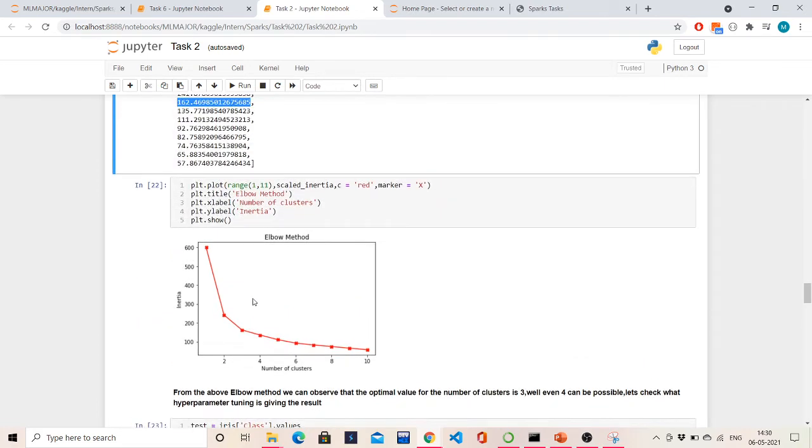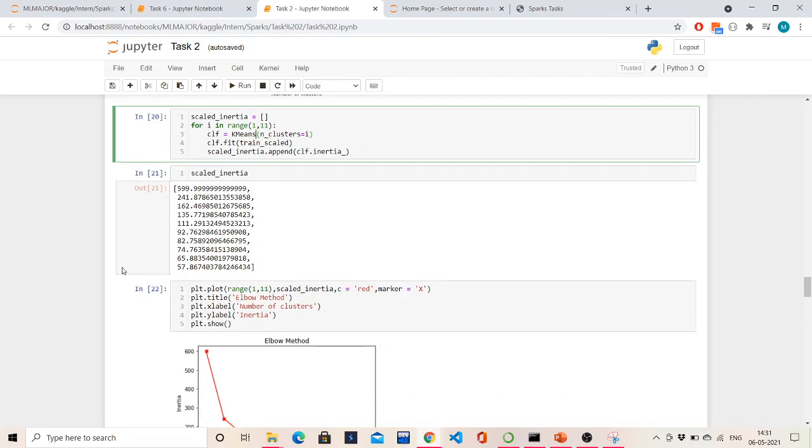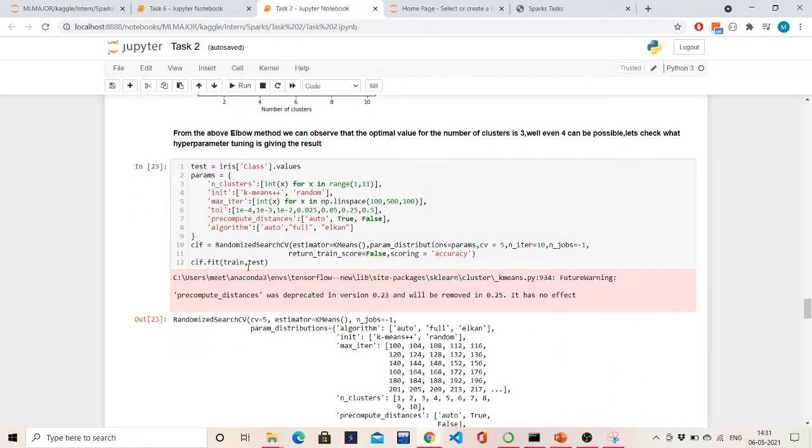Hyperparameter tuning is nothing but tuning the most important parameters under the K-means algorithm. We have to use them, or we have to train them. That is hyperparameter tuning. Actually it is a little bit tricky to understand, but let's do hyperparameter tuning here.